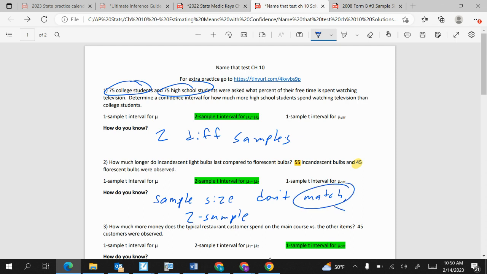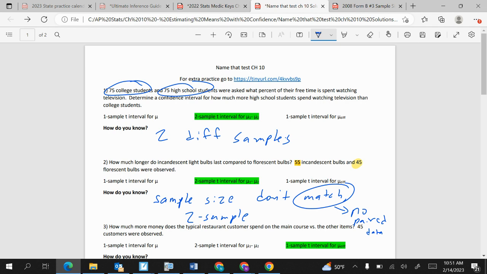If they don't match, it's not possible. No paired data because they have to be equal in order for them to pair up. So that's a really nice way to determine it. If the sample sizes are different, you know it's not going to be paired data.